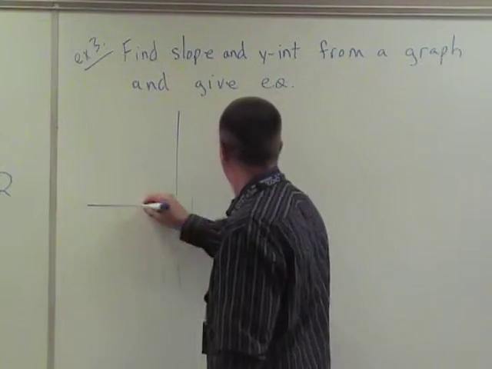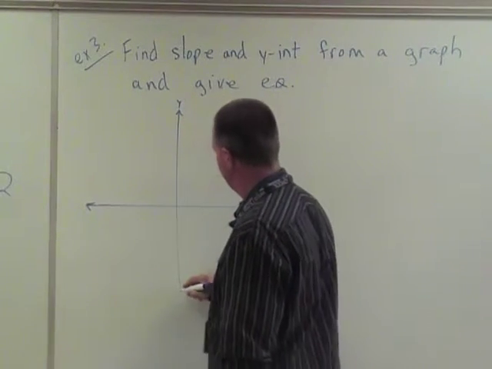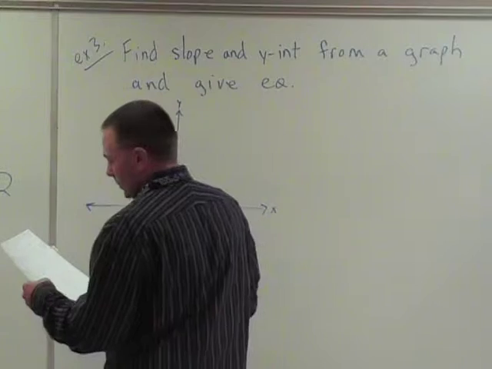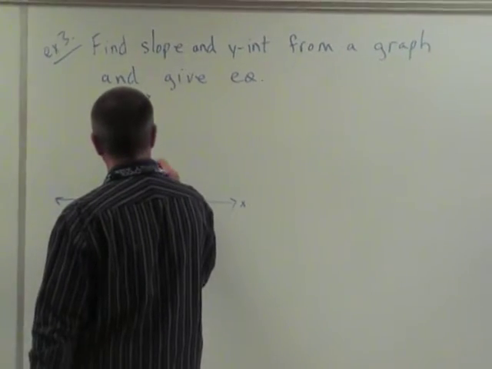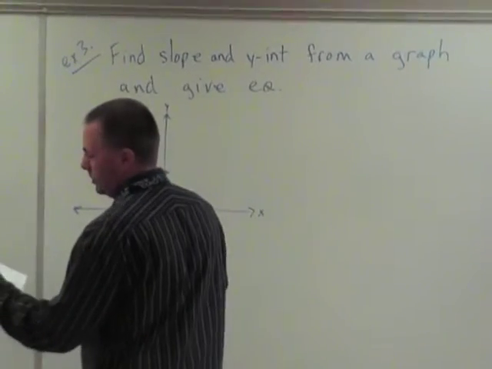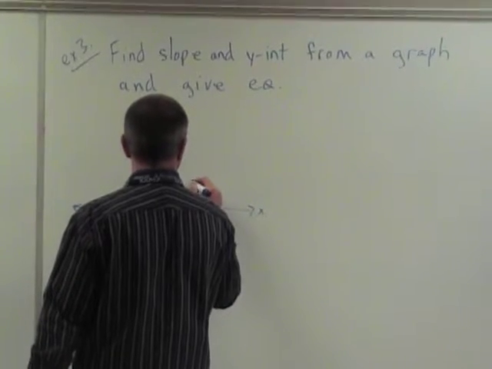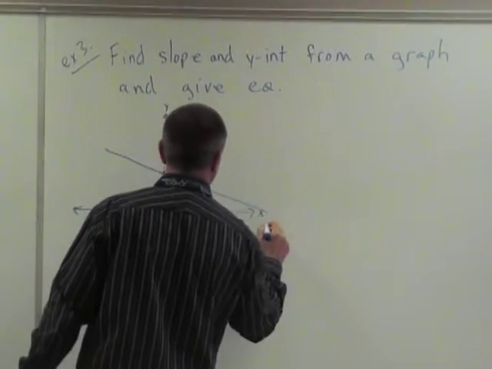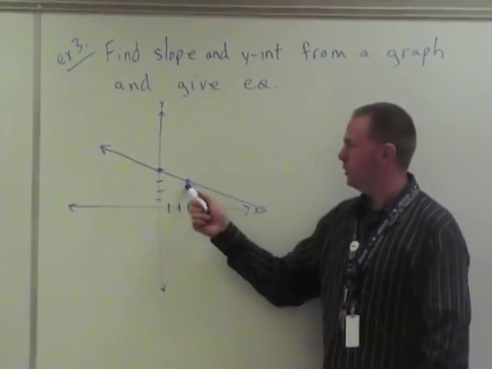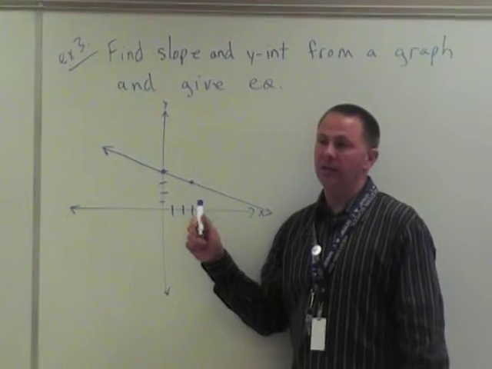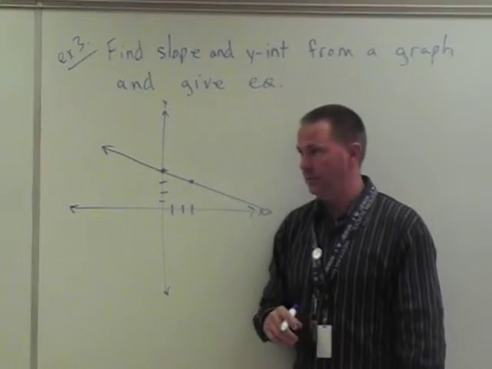So here is your graph. The first point is at 0, 4. The second point is at 3, 3. Sometimes they actually put the points visibly on the line. Sometimes you have to identify any 2 points that are on the line.